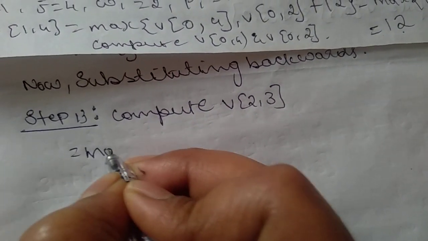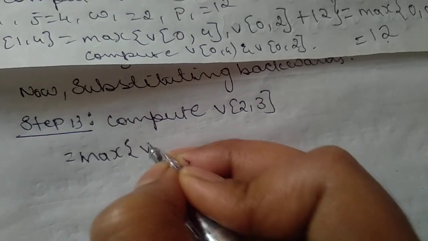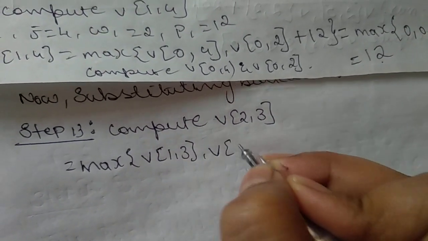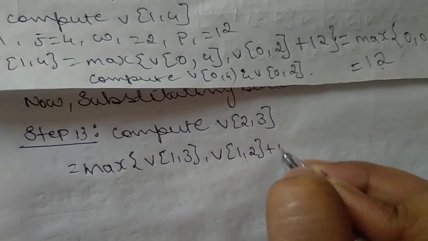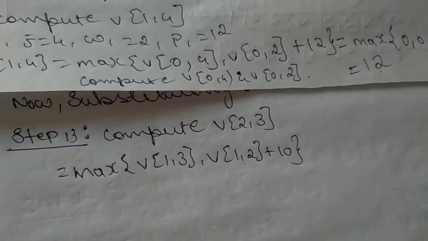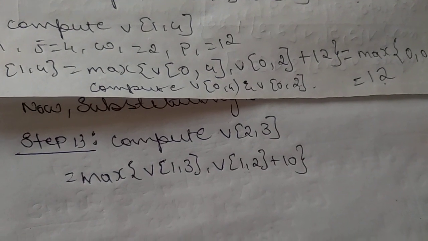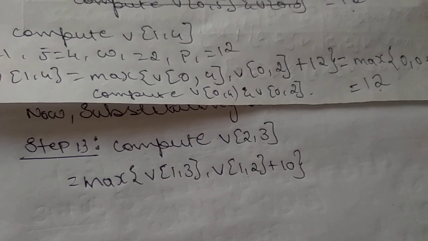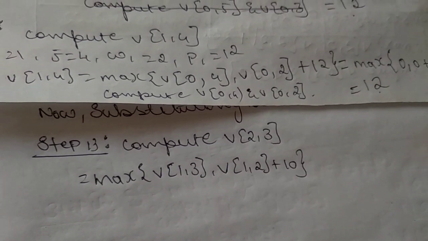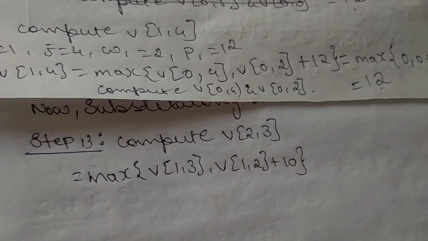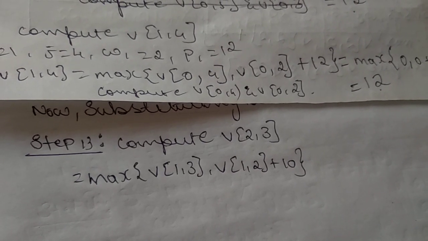This is equal to max of v of 1 comma 3, v of 1 comma 2 plus 10. This seems lengthy, but according to the efficiency, this is very efficient than your dynamic programming and greedy method. And you have to be very careful while solving this one, because if you miss any one step, then the entire problem will be wrong.